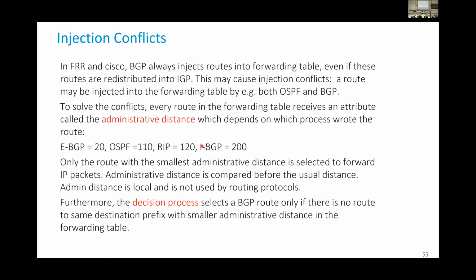We've seen that BGP may inject a route, but also OSPF may know about the same information if we redistribute BGP in OSPF. In such cases, you will have multiple lines in the forwarding table with the same destination. But it is not like we've seen in the case of OSPF. It was intentional in the sense that we wanted to do equal cost multipath.